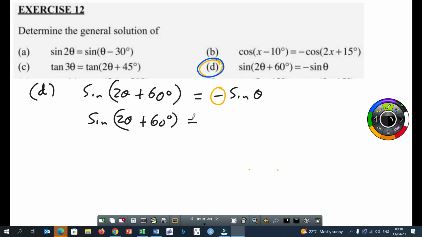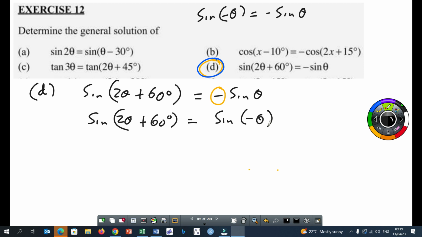So we can go back using this reduction here. Sine minus theta is equal to minus sine theta. Moving from the right hand side towards the left hand side, that will give you sine minus theta.